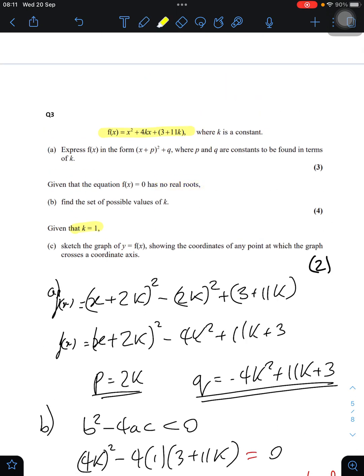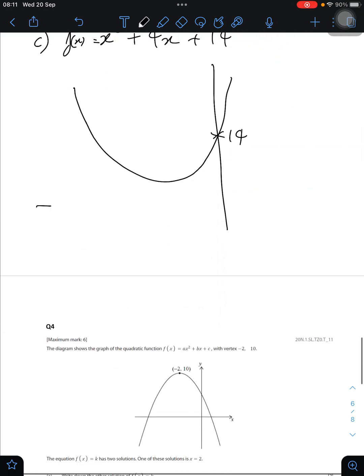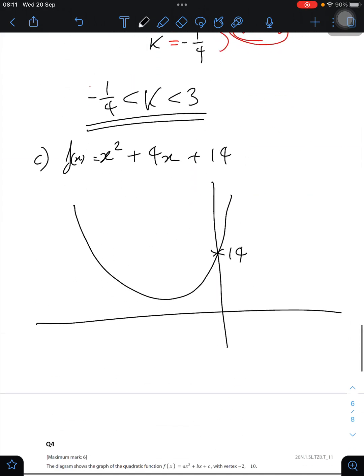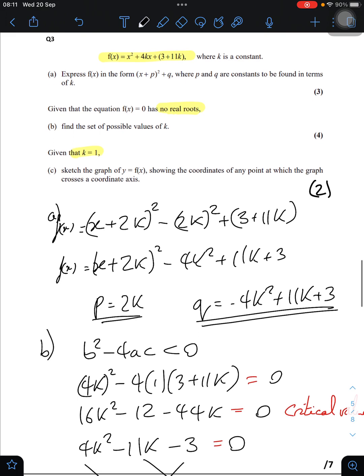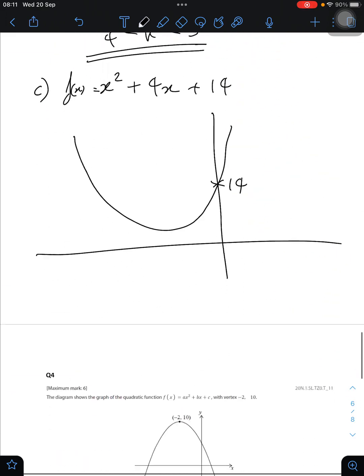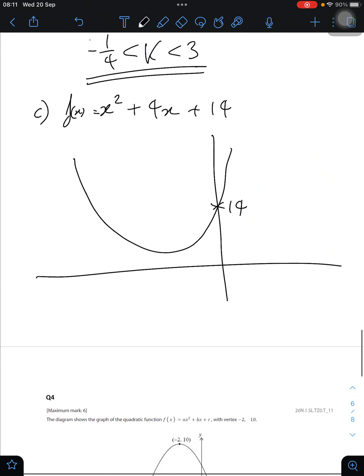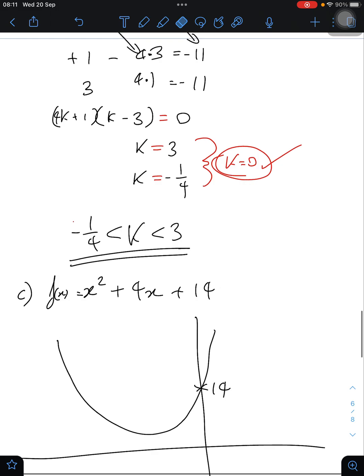No real roots. This bit here. And if it has no real roots, that means that the curve can't touch. The only thing we have to discover now is whether it's this side or that side of our line.